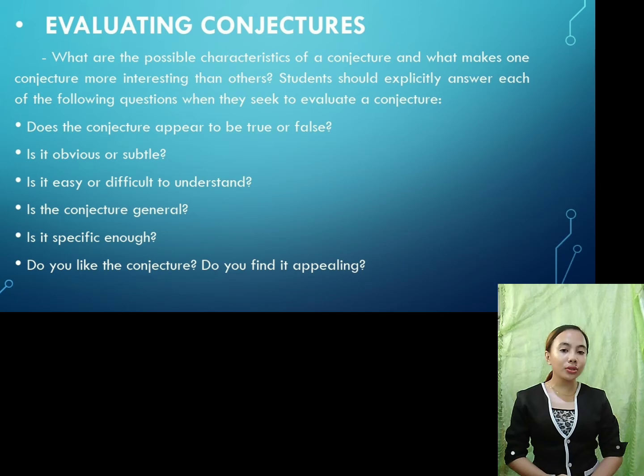Second, is it obvious or subtle? Third, is it easy or difficult to understand? Fourth, is the conjecture general? Fifth, is it specific enough? And lastly, sixth, do you like the conjecture or do you find it appealing?